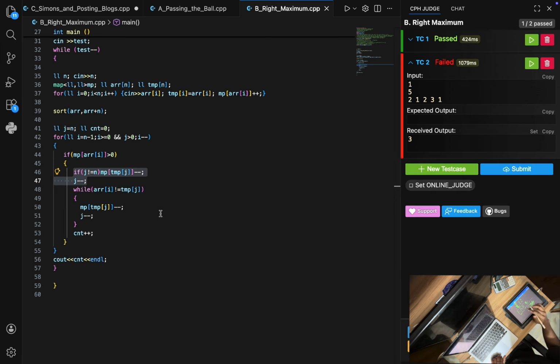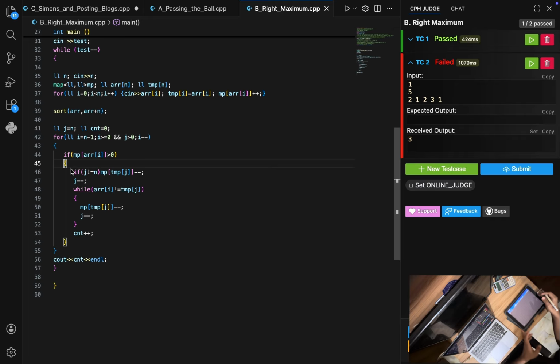Okay, let's redo. I have some value, something like 2 1 2 3 1. Oh, but where will it give me wrong?